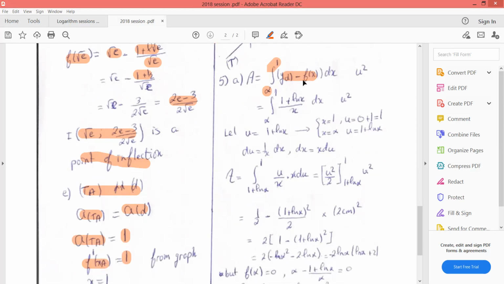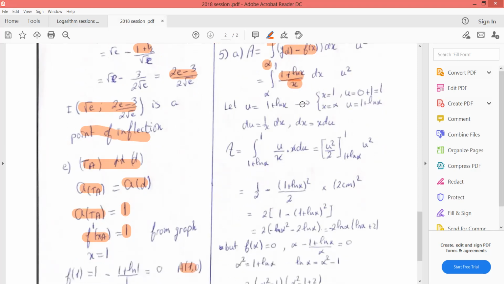So fx minus yd is 1 plus ln x over x. By changing the variable, by the method of substitution, always, whenever we have ln x in the numerator and x in the denominator, we use the method of changing the variable. u equal 1 plus ln x, du is equal 1 over x dx, dx equal x du.